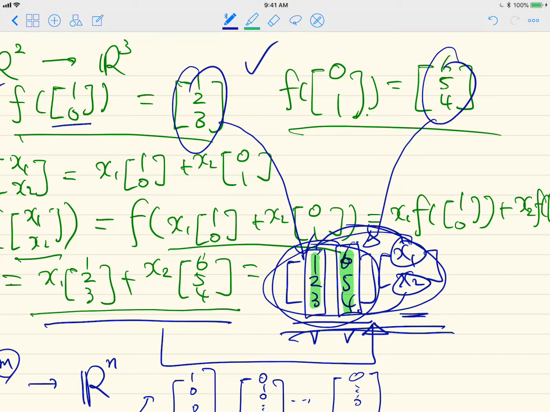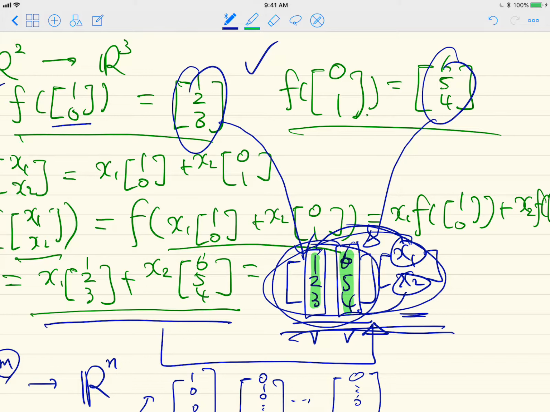Furthermore, each column of our matrix is actually the output of a standard unit vector: 1, 0, 0, 0, and 0, 1, 0, 0, and 0, 0, 1, 0, and so on.